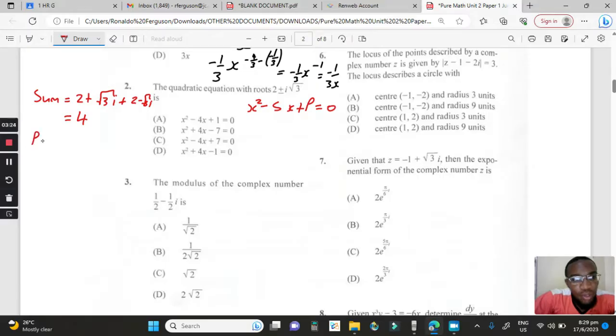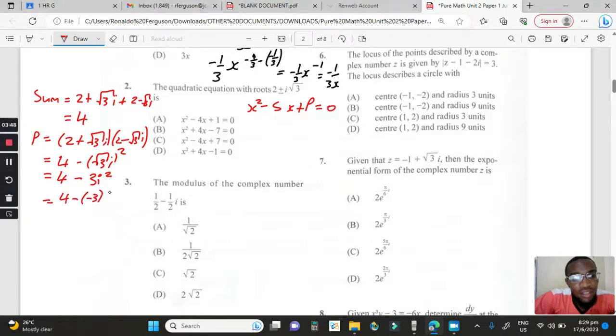Then we need the product, so we need to multiply 2 plus root 3i times 2 minus root 3i. This becomes the difference of squares: 2 times 2 is 4 minus root 3i squared, which is 3i squared, but i squared is minus 1. So it's 4 minus minus 3, which is 7. x squared minus 4x plus 7 equals 0.